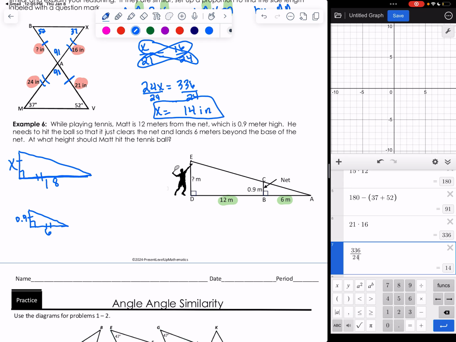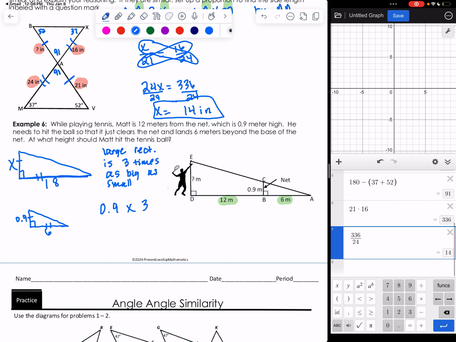Now, what I hope you notice is that the large triangle is 3 times as big as the small. So I can find out the measurement of X by taking 0.9 and multiplying it by 3, because that large triangle has to be 3 times the height of 0.9.